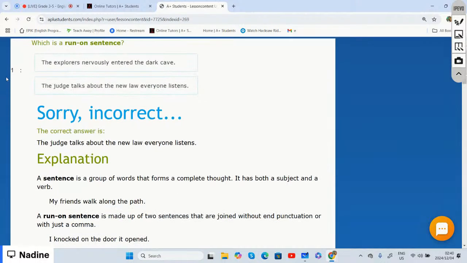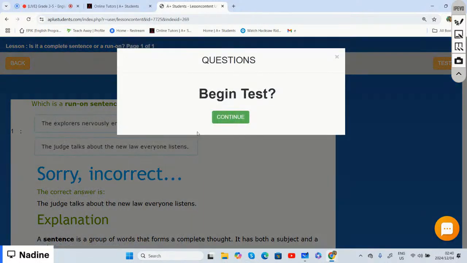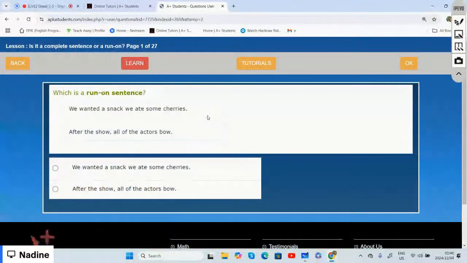It is made up of two sentences that are joined together without a punctuation mark. All right, so now let's do our test where we are going to say, is it a sentence or is it a run-on?